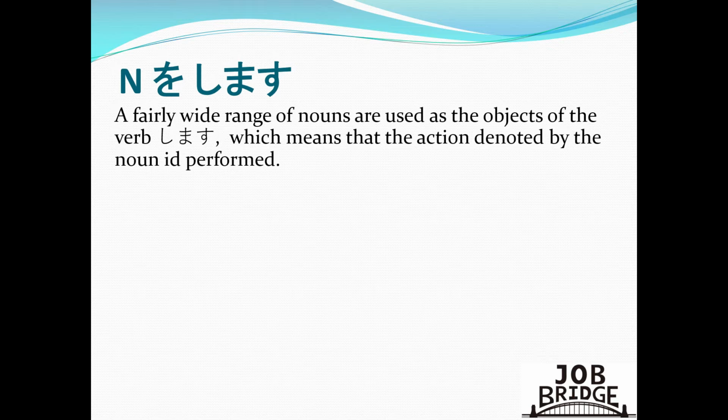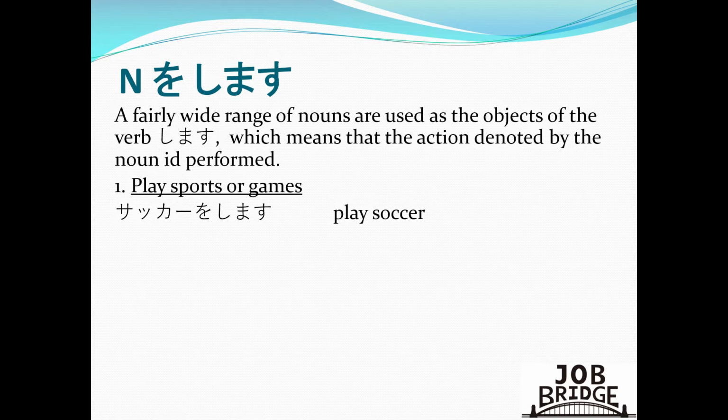Are you ready, everyone? So the first use of Nをします is when you're playing sports or games. For example, to play soccer. サッカーをします。 Alright?